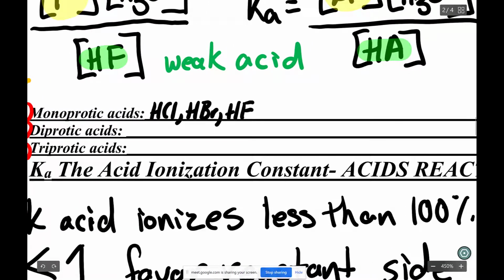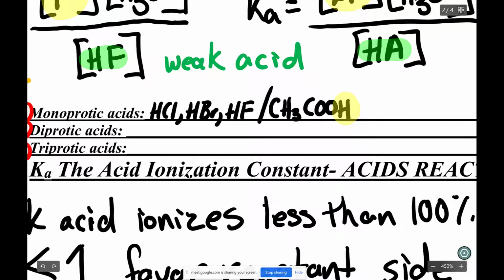Okay, so monoprotic acids would include such things as HCl, HBr, HF, but it can also include organic acids which have a COOH group. So I could also have something like vinegar, CH3COOH. Now, if you're wondering, but there's 4 hydrogens there, how could this be monoprotic? Only the hydrogen on the end of the carboxylic acid group, which is this H there.